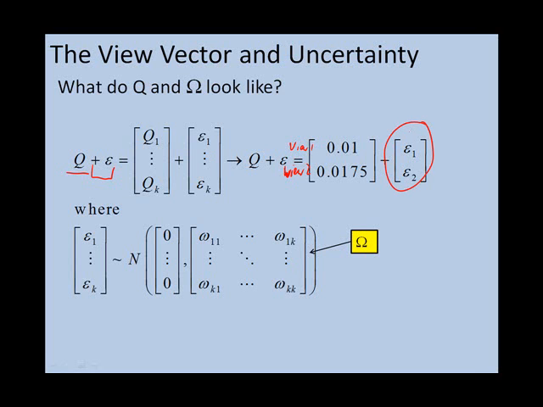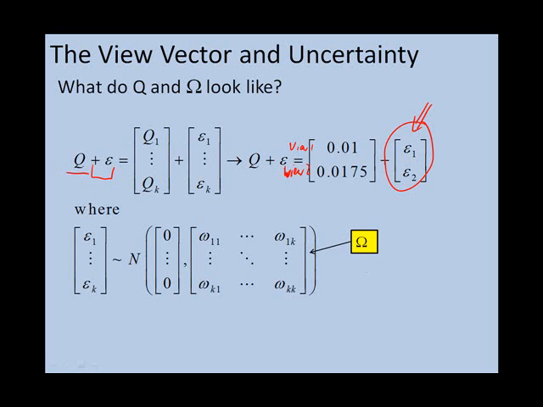The more confident we are about our views, the smaller the error term gets. That's the key. The more confident we are about our views, the smaller the error term. If we were 100% confident, there would be no error term because we can perfectly predict what's going to happen.